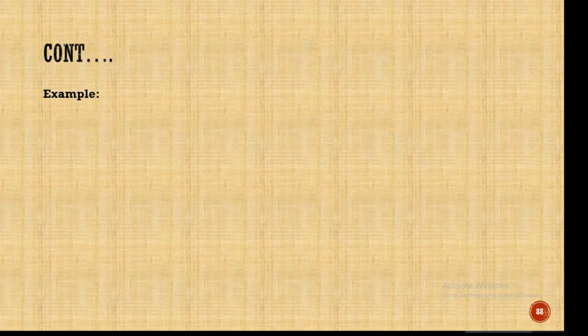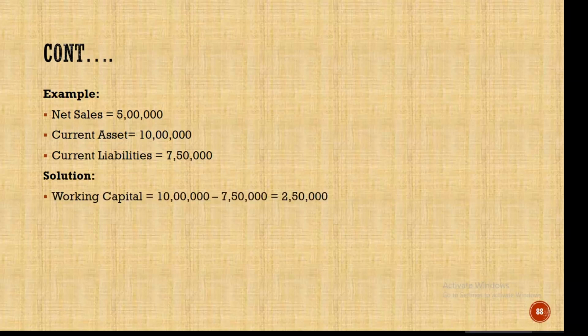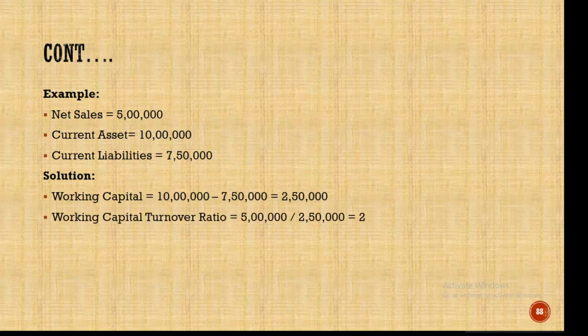Let us see an example. Net sales 5 lakh, current assets 10 lakh, current liabilities 7 lakh 50,000. Here we have calculated first working capital, that is current assets minus current liabilities, that is rupees 2,50,000. Then working capital turnover ratio is 2.